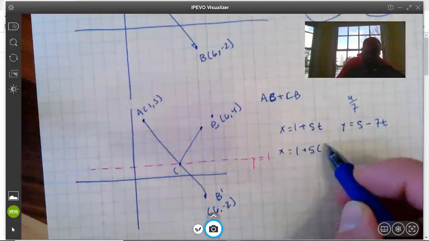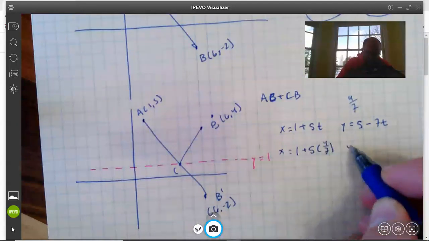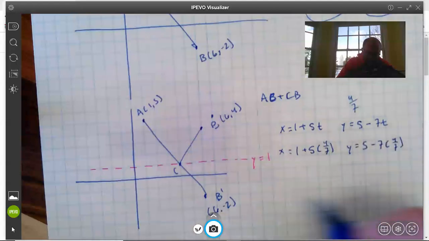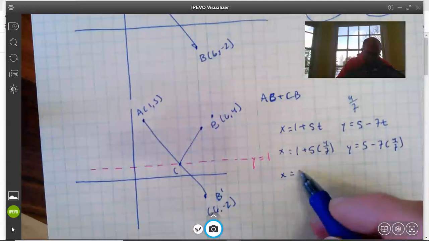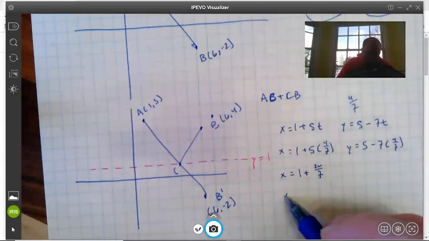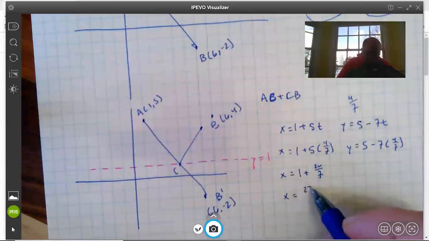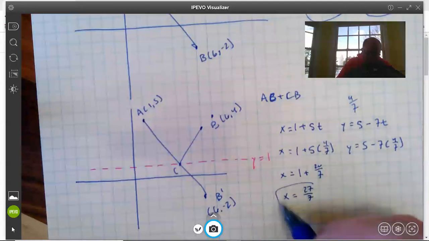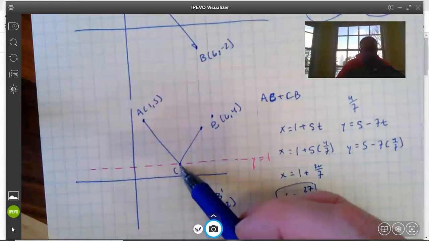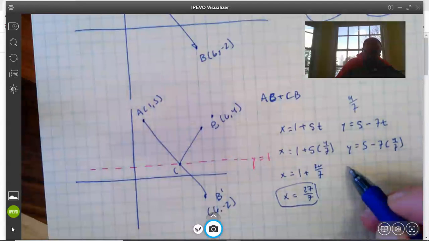So x equals 1 plus 5 times 4/7, and y equals 5 minus 7 times 4/7. 1 plus 20/7 gives 27/7, which is a little bit less than 4, 1, 2, 3, 4. Yeah, just a pinch less than 4.